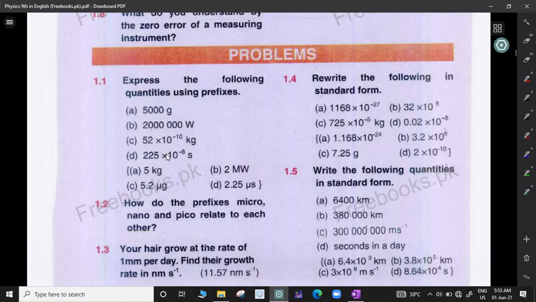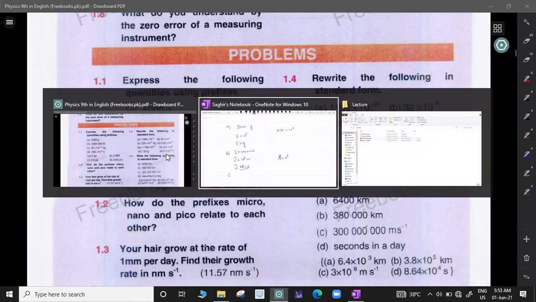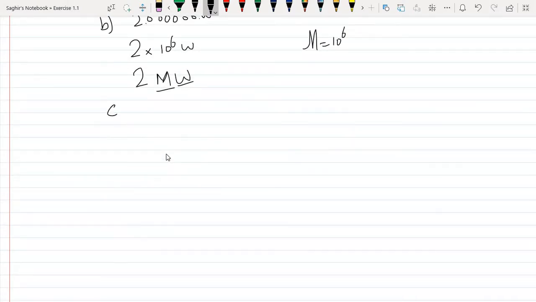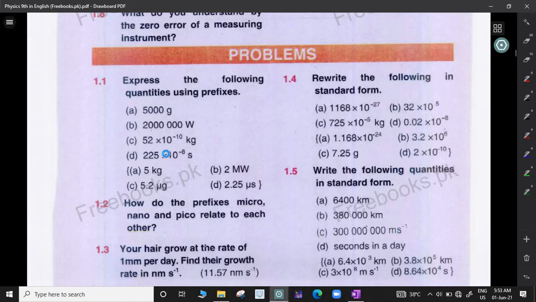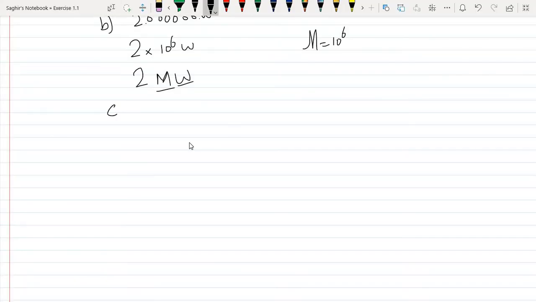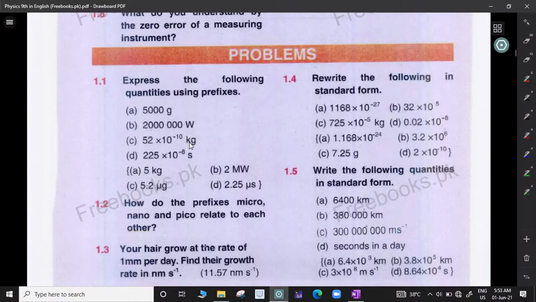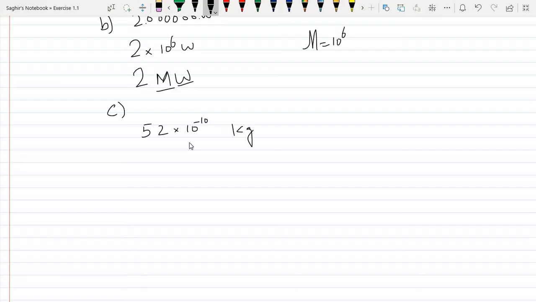Now I am solving C part. 52 multiplied by 10 raised to power minus 10 kg. Okay, now if I shift the point one digit, here I get 5.2 multiplied by 10 raised to power 1 multiplied by 10 raised to power minus 10.